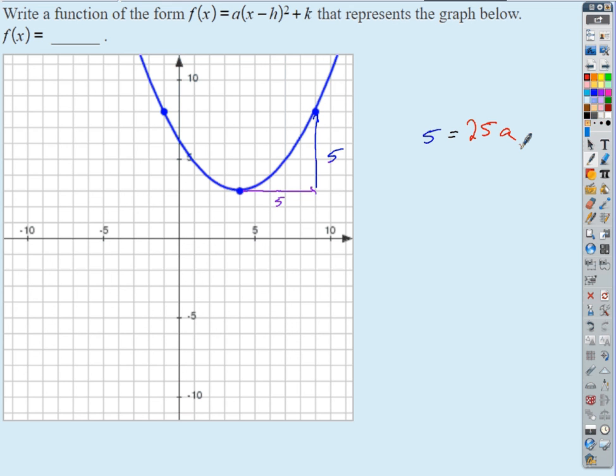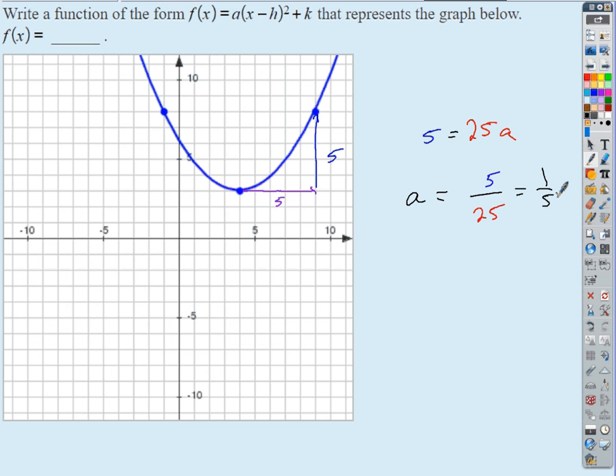I multiply the dilation factor times my parent height to get the result, the dilated height. So what's A equal to? 5 divided by 25, which is what? Do you get the 25 from multiplying?